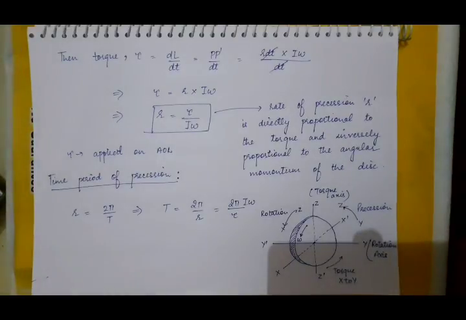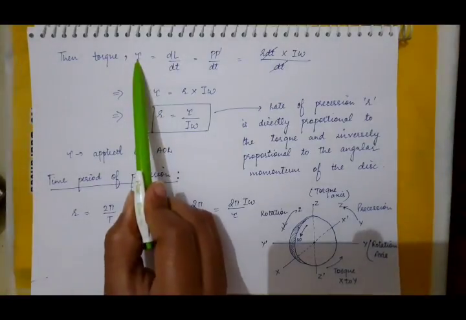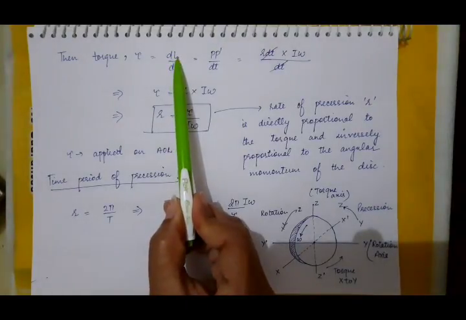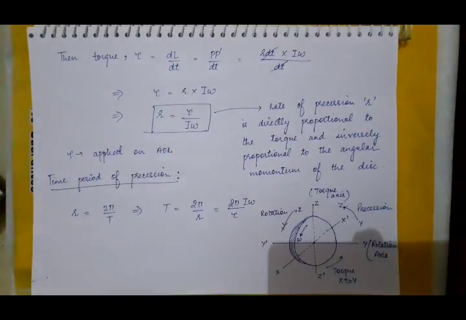So now we have applied torque, because the direction of axis of rotation changes only when we apply torque in a direction perpendicular to that axis. And we know that torque is rate of change of angular momentum with time. And the magnitude of angular momentum remains constant.